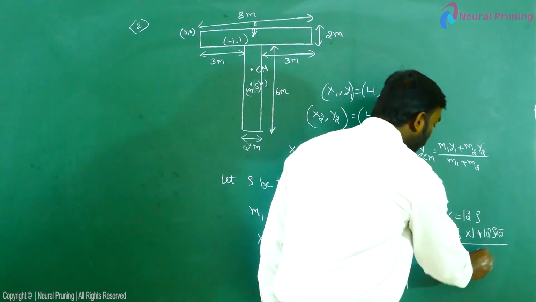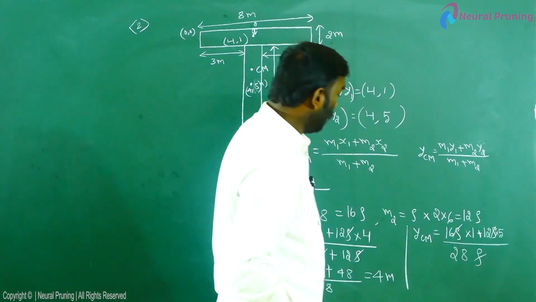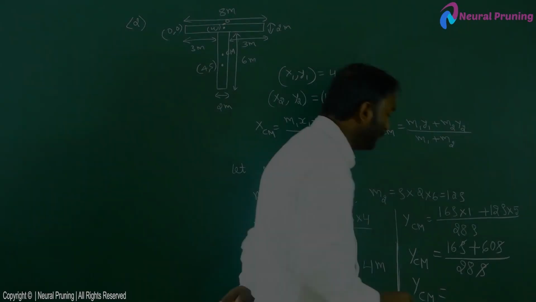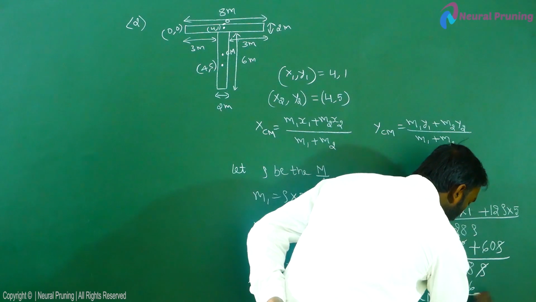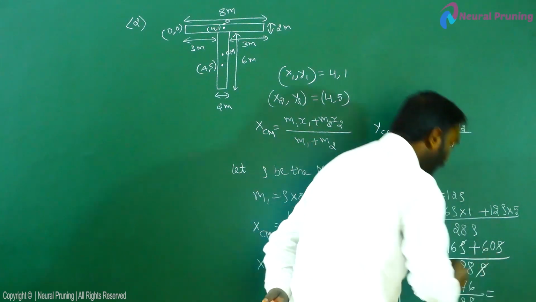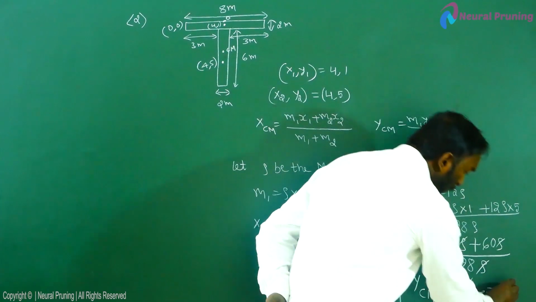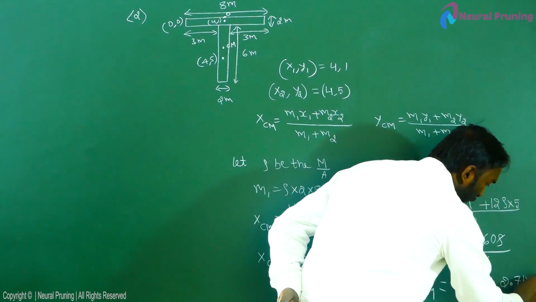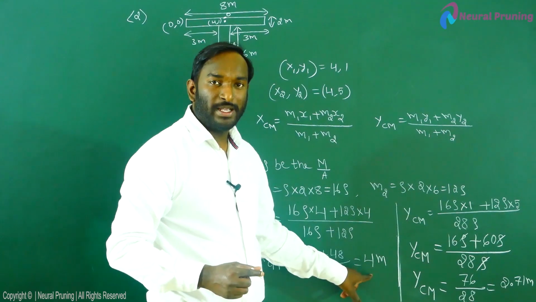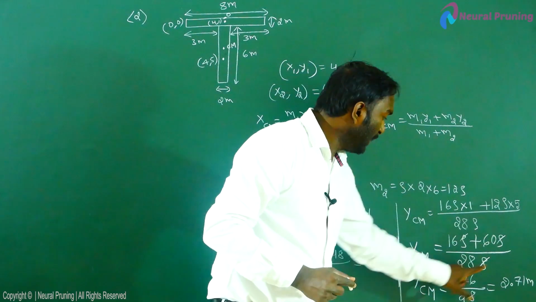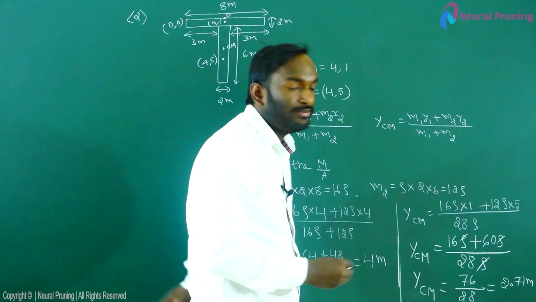So you can cancel rho everywhere. YCM is equal to 16 plus 60, 76 by 28, which is equal to 2.71 meter. Here XCM is 4 meter and YCM is 2.71 meter.